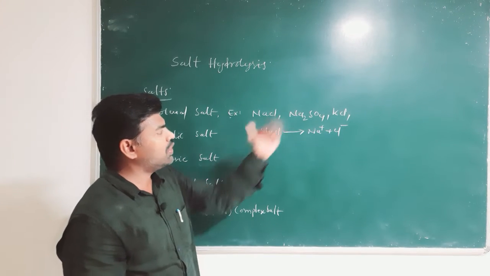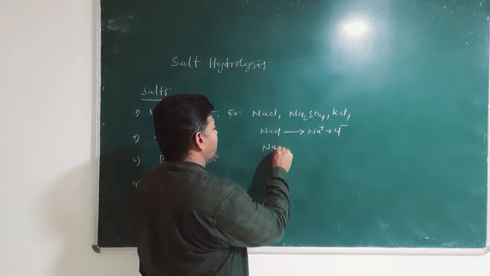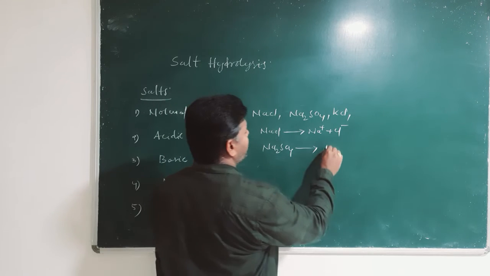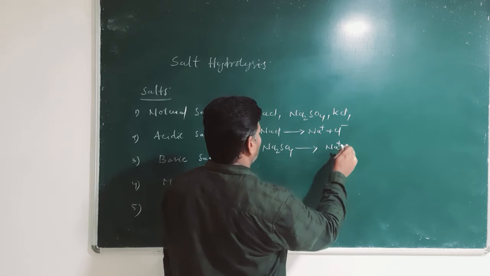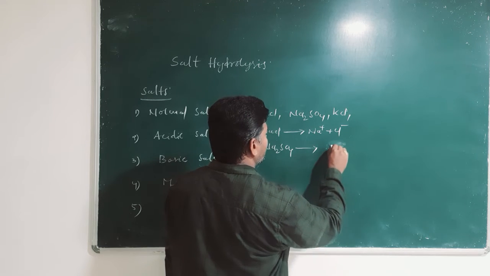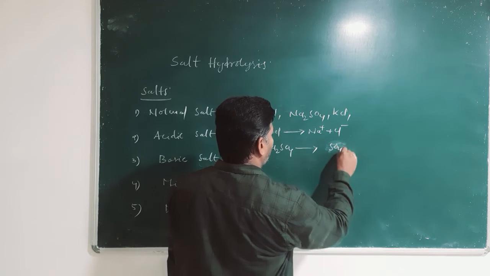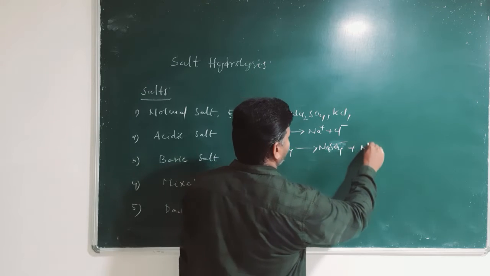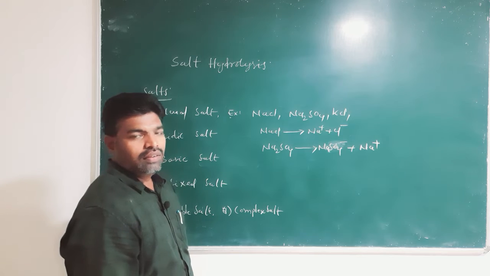And if you take sodium sulfate, Na2SO4, on its first ionization it forms Na plus and NaSO4 minus.